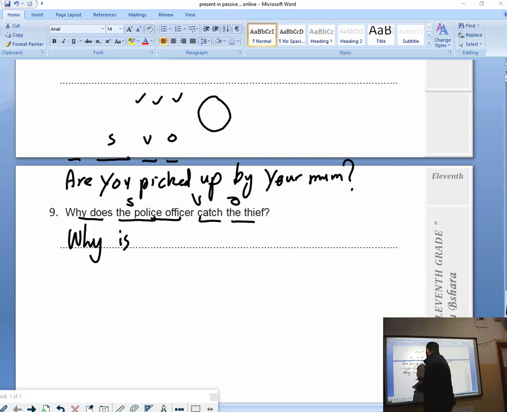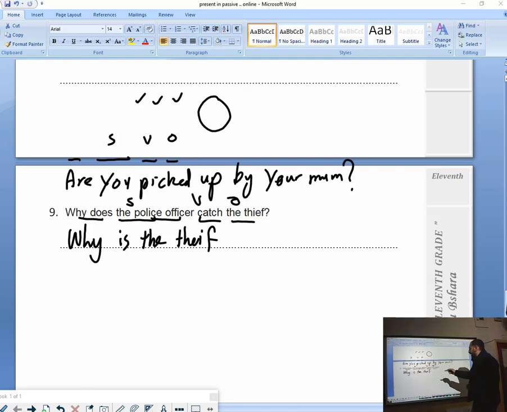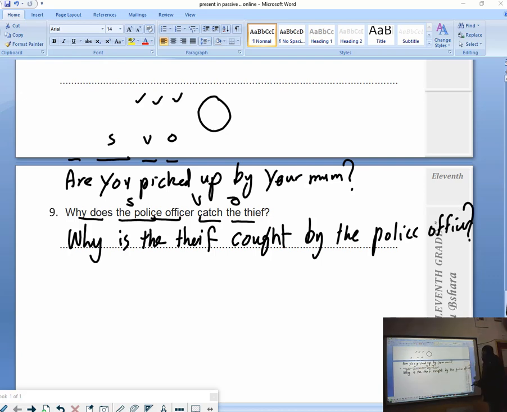Why is the thief caught, catch, caught, caught, verb 3, by the police officer? Question mark, we shouldn't forget the question mark.